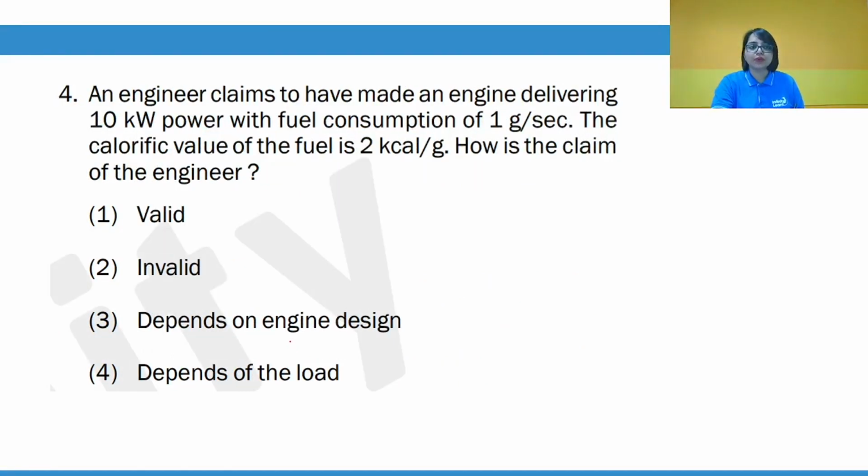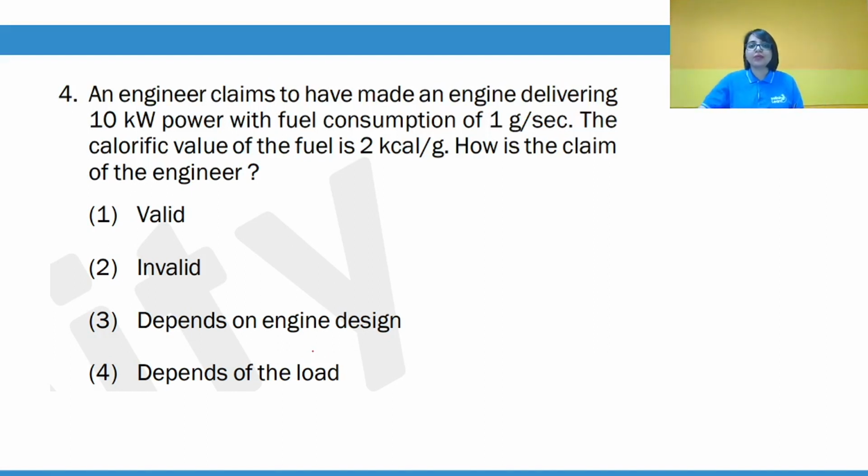Next is question number 4. An engineer claims to have made an engine delivering 10 kilowatt power with fuel consumption of 1 gram per second. The calorific value of the fuel is 2 kilocalorie per gram. How is the claim of the engineer?